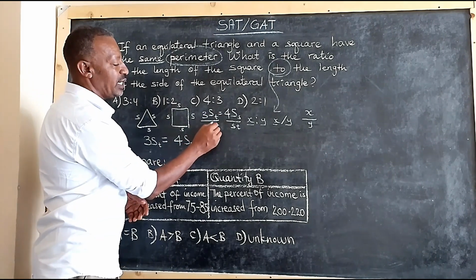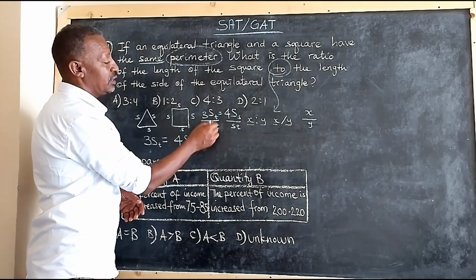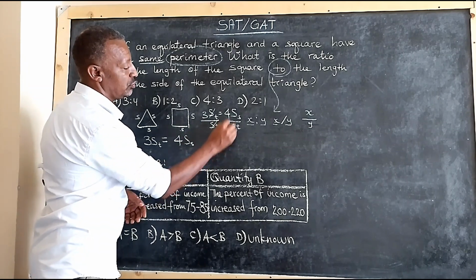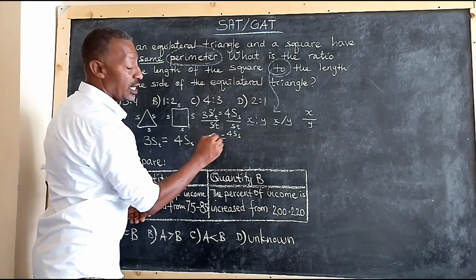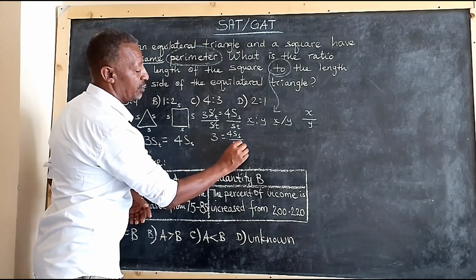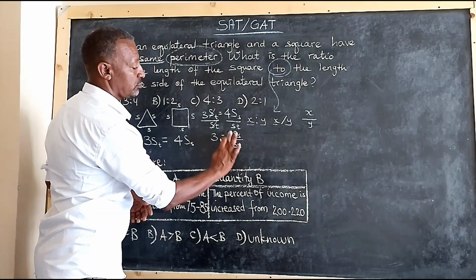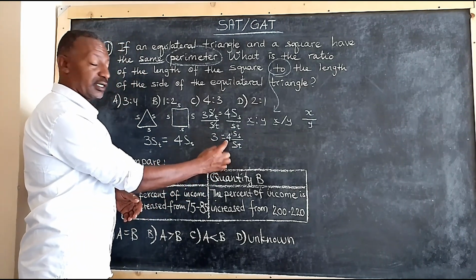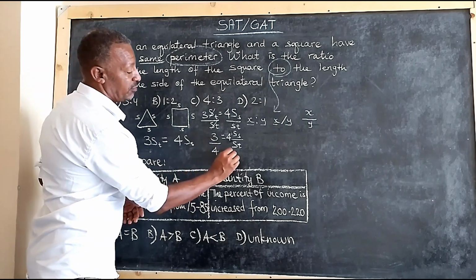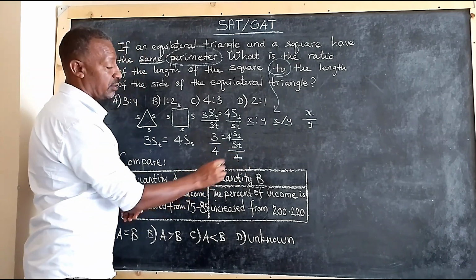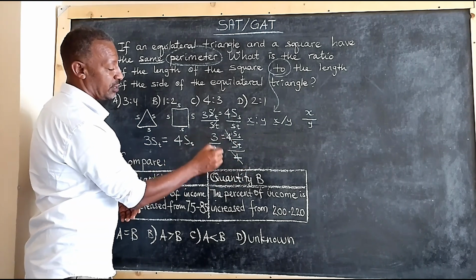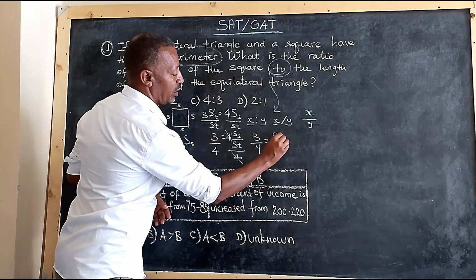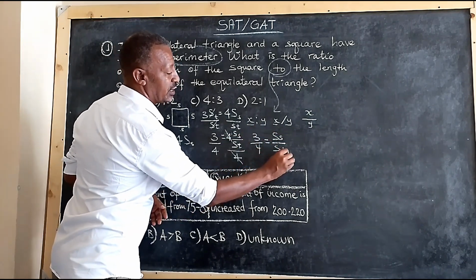So we are going to divide both sides by st. Then st will be cancelled, right? So the result is 3 is equal to 4 times the side of the square over the side of the triangle. Now we are going to eliminate the number 4 here, so we divide by 4 on both sides. 3 over 4 is equal to the side of the square, don't forget, over the side of the triangle.